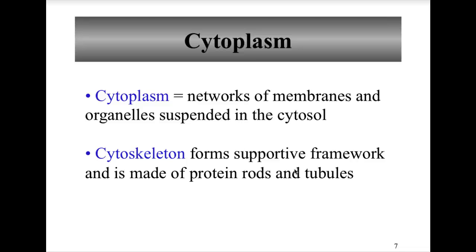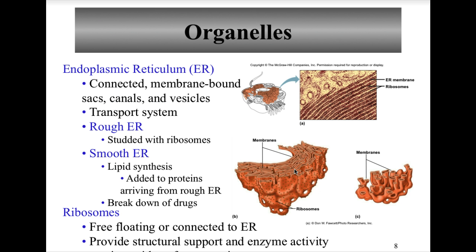Often the cytoplasm and cytosol are used interchangeably, but the cytosol itself is that jelly-like fluid, which is about 70% water, that holds the cell organelles and occupies the space between the nucleus and the cell membrane. It contains an abundance of proteins and protein rods and tubules that help give the form of the cell and support its framework. That would be the cytoskeleton coming into play there.